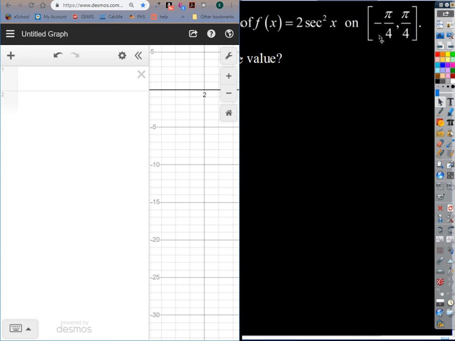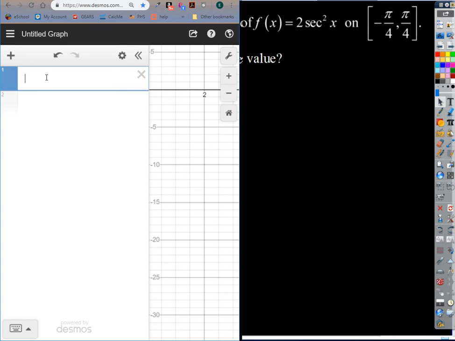What's the average value of a function on an interval? How do I calculate average value from A to B? Area under the curve.